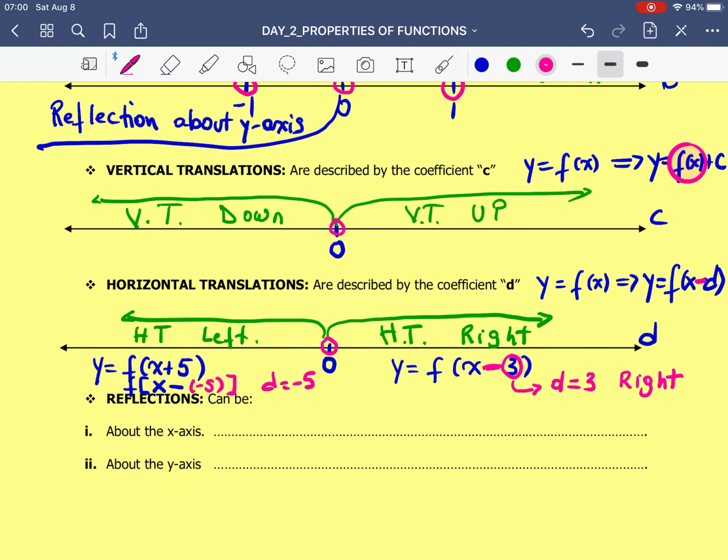Now, last but not least, I just want to remind you that the reflection can be about the x-axis. The reflection is about the x-axis when a is negative, less than 0. And you can call it a reflection about the x-axis or reflection of y coordinates.